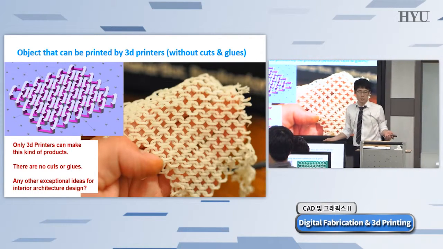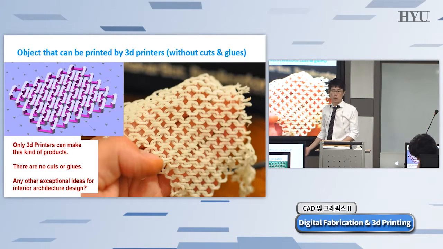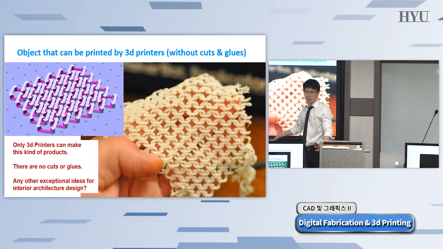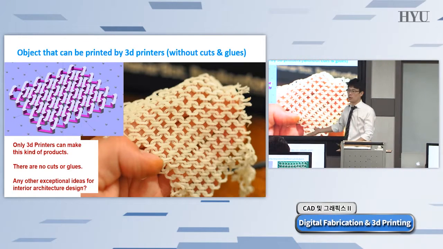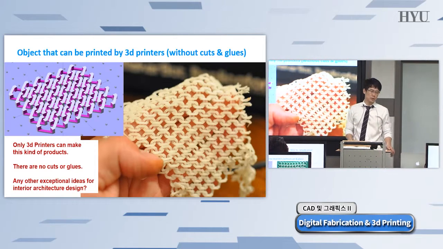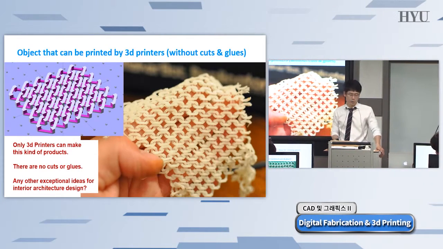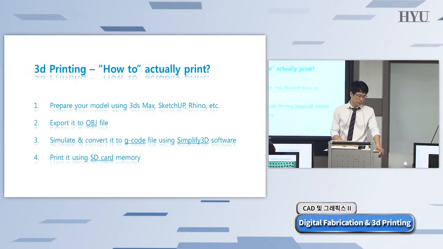Any good ideas for designing or making totally new cars by using this 3D printer? Okay, but in our domain, our question is here, okay? How to use this for better design, better environment, better architecture, better interior architecture design, and so on, okay? That's a kind of global question, and you are in charge of finding some answers using actual 3D printers, okay?